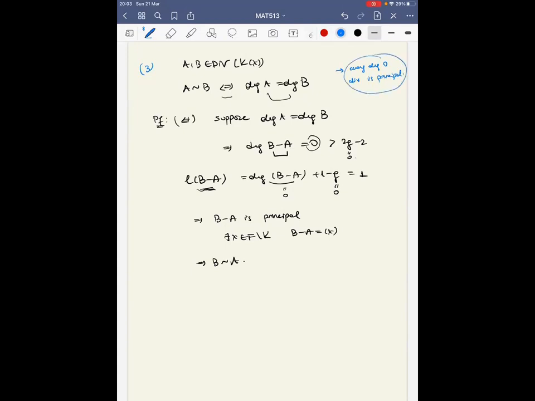But in general function fields, however, later we will give a counterexample. It doesn't work in general.